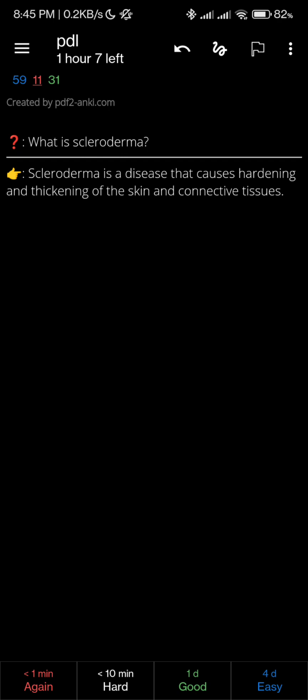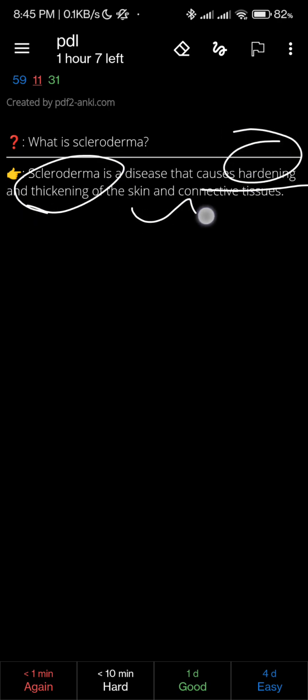So scleroderma is a disease that causes hardening and thickening of the skin and connective tissue.